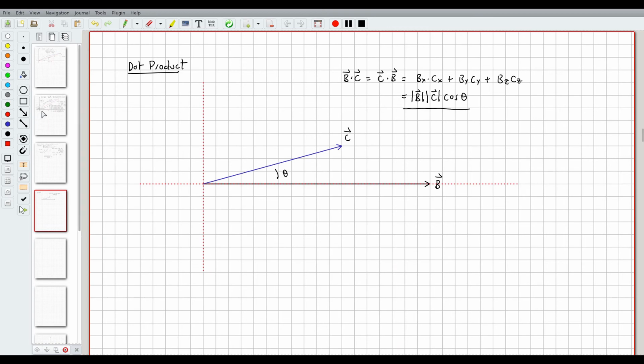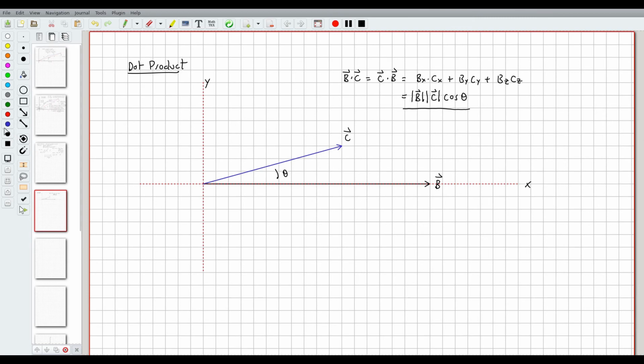So here's our fake coordinates right here. This would be the y direction. This would be the x direction. What I want to point out here is that B lies entirely along the x direction.